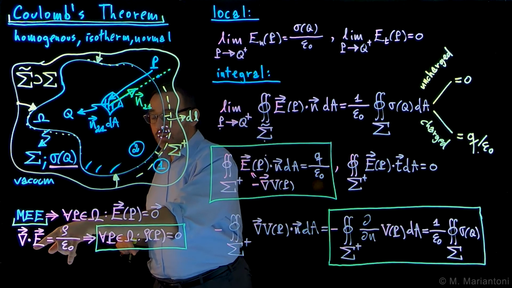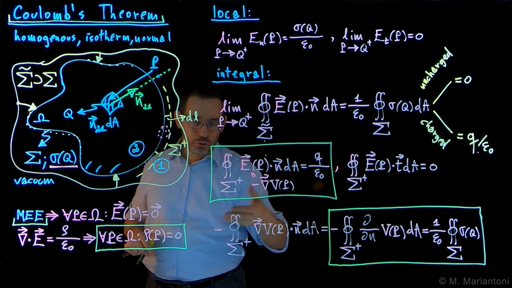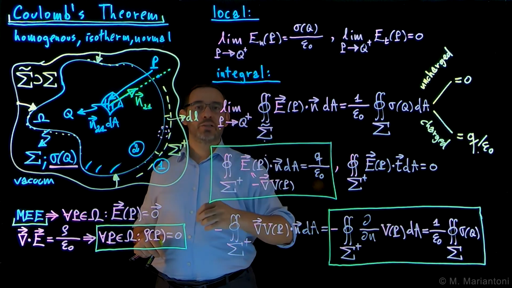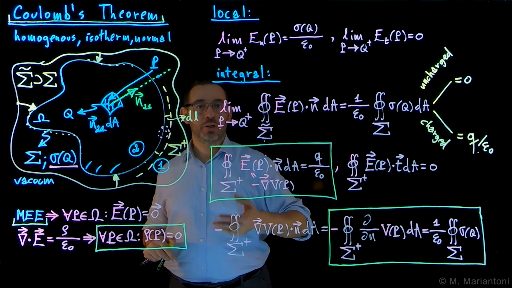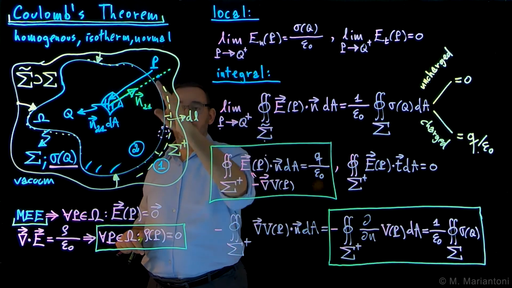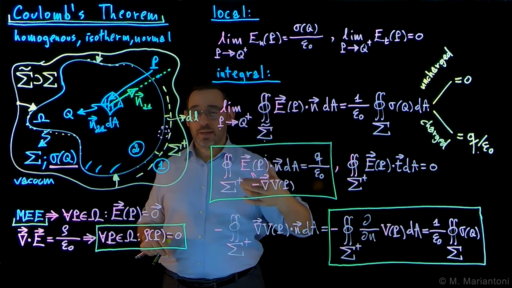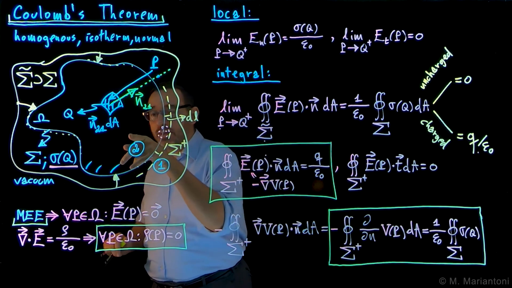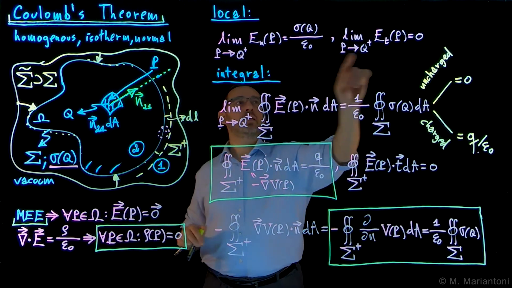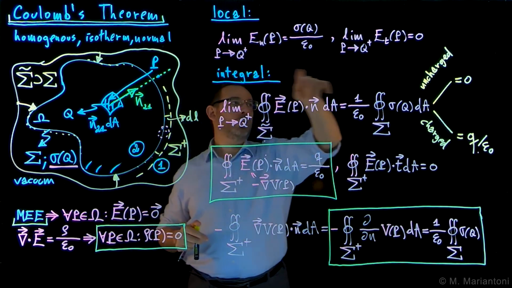Therefore, from Gauss's theorem in differential form, the charge distribution rho in the volume has to be also equal to 0. So we are in a special case of the local form of Maxwell's equations for E, case 2, where we have nothing in the region within, no charge, a surface charge, and nothing, so case 2. But the case is even more special because the field inside is 0, so it simplifies and we obtain these two limiting equations in any neighborhood of any point capital Q on capital sigma, okay?